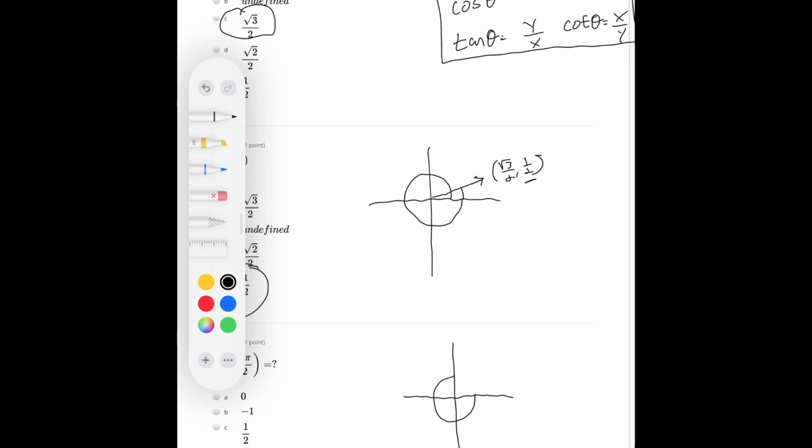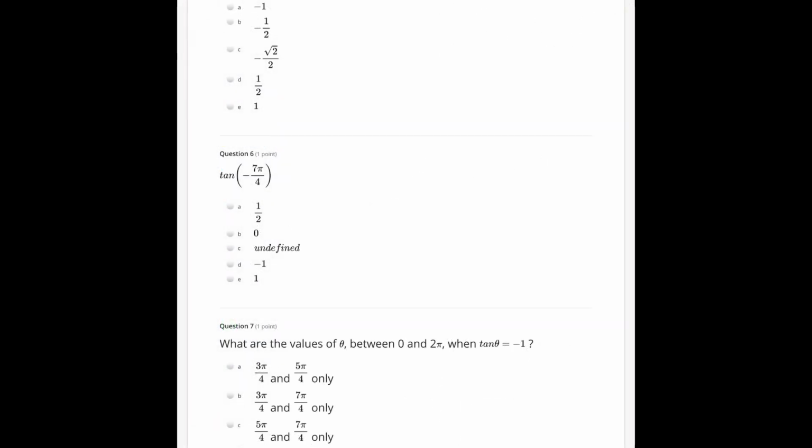Looking at that coordinate on the unit circle, that is 0, 1. Tangent of that coordinate is y divided by x, so I'm doing 1 divided by 0, and anytime you divide by 0, it's undefined.